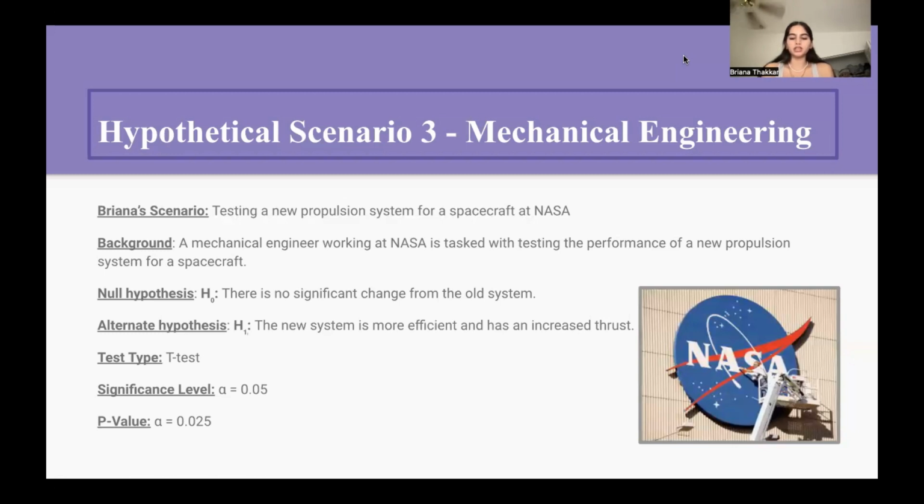With the hypothesis testing, a t-test is used in which they compare the two groups to determine if they differ or if they come out to the same efficiency.